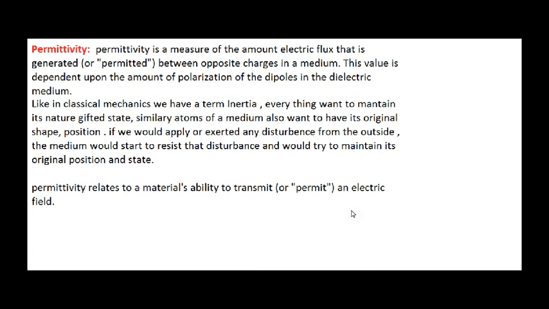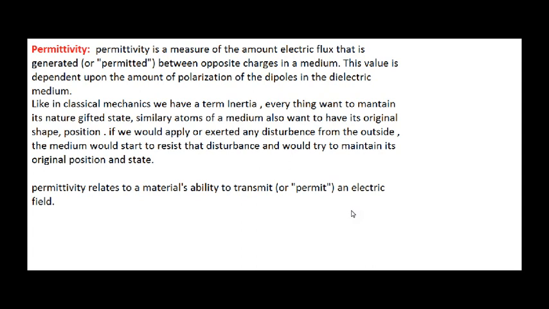Like in classical mechanics, we have a term, inertia. It means everything wants to maintain its state.